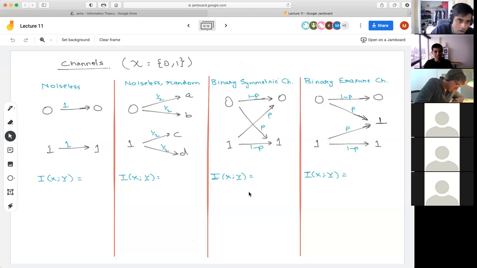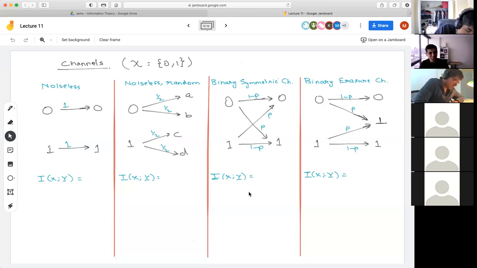These diagrams of transition probabilities capture what comes out at the other end, or what is the distribution of the outcome. Okay, so let's do a few computations. The first case, the channel is perfect. You send a 0, you get a 0, you send a 1, you get a 1.